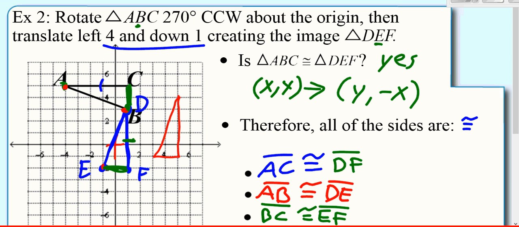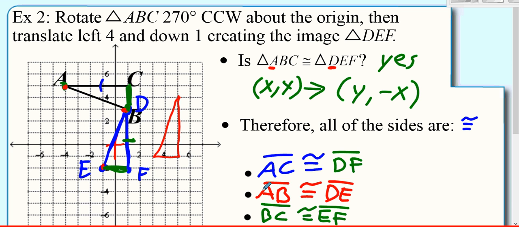The other thing you can do, though, which is going to make this easier down the line, since the triangles were written out already for you, triangle ABC goes with DEF. That means wherever there's an A, D is going to be corresponding because it's written out the first time in corresponding order.